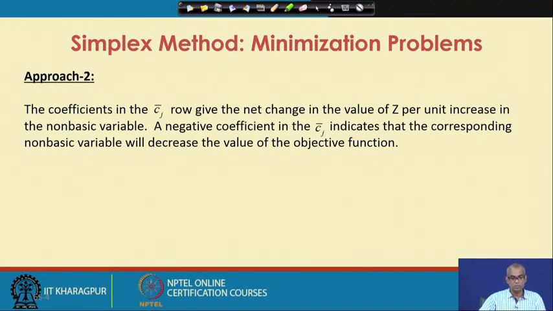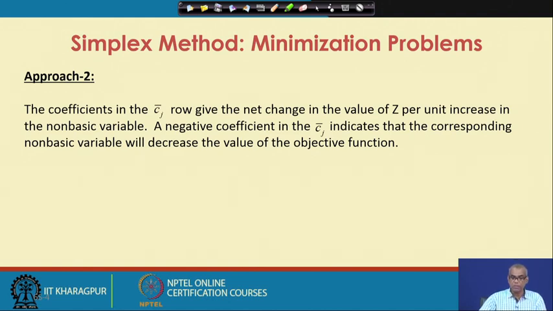That is what we have known as of now, that the coefficients Cj bar give the net change in the value of the objective function per unit increase in the non-basic variable.